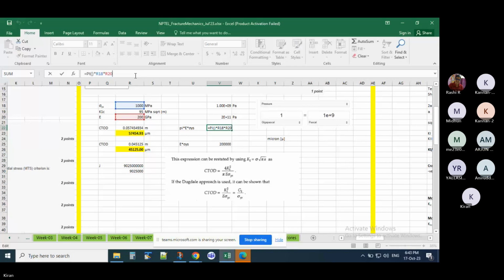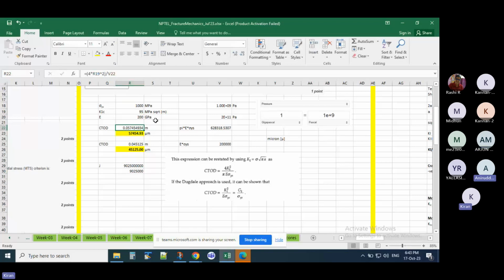You have missed K1C, yes, the CTOD K1C. Okay, I got it. In place of 95, it should be 95 into 10 power 6, making it into Pascals.